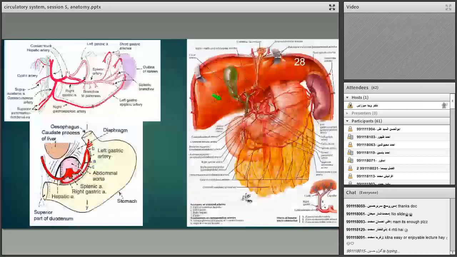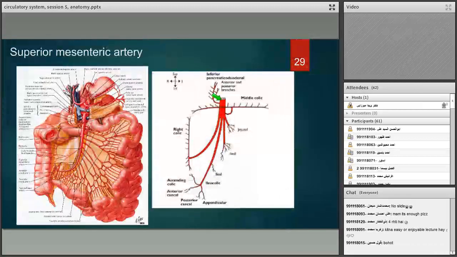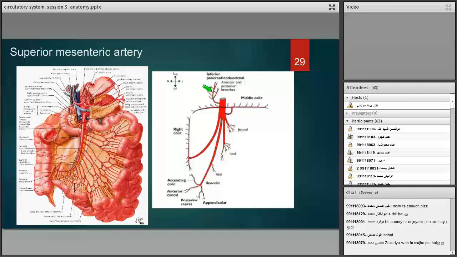The superior mesenteric also is supplying the blood for the intestine, for the small intestine mainly, and also for example, pancreas and these. One of the first branches of the superior mesenteric artery is the inferior pancreatico-duodenal.